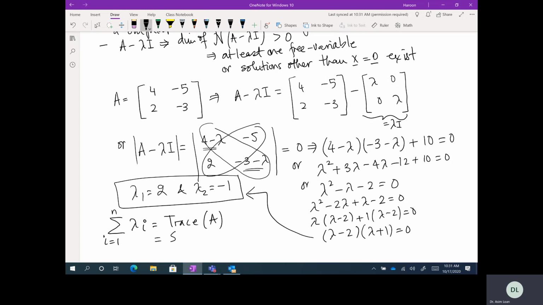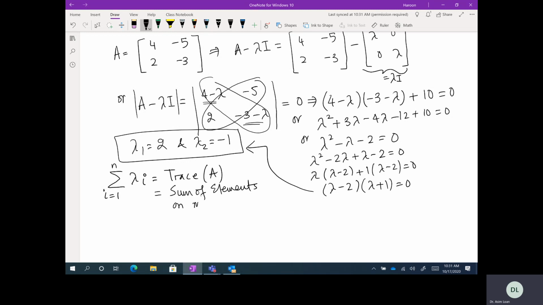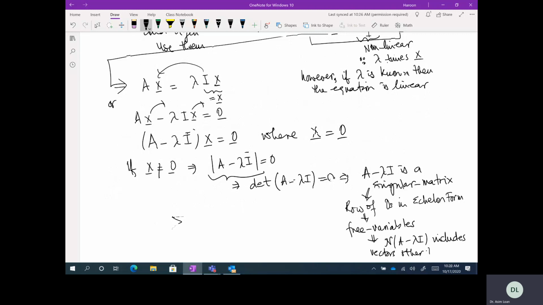The trace is the sum of elements on the main diagonal, which I can write mathematically as the sum from i equals 1 to n of a_ii. For this matrix it is 4 plus minus 3, which is equal to 1, and this is 2 plus minus 1, which is equal to 1. So this is all right.